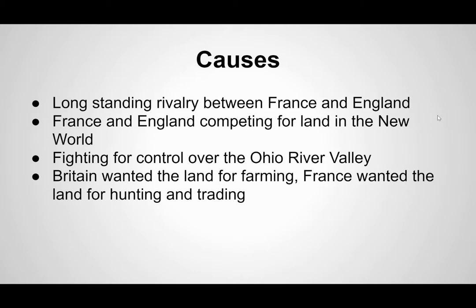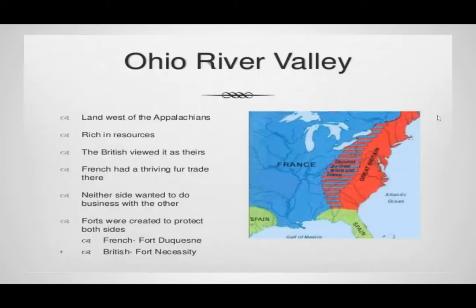But that land was also really good for hunting, specifically beaver. Remember, France made a lot of money off of the beaver fur trade, and so beavers obviously live near water and rivers, and so they want that land for hunting and trading. And so all of these are causes that lead up to the conflict of the French and Indian War.